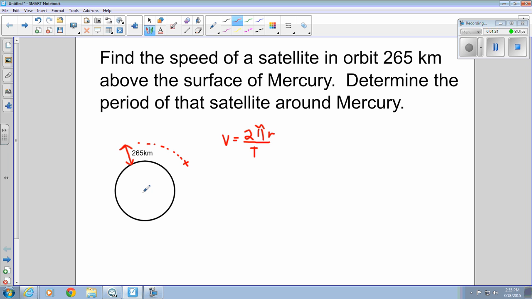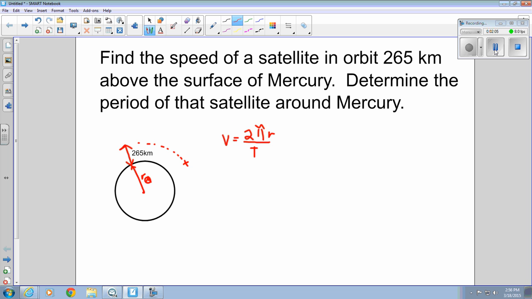We have the radius because we'll be able to find from a chart what the radius of Mercury is. But we still don't know the period. We don't know if the satellite is synchronous to Mercury, and we'd have to look up the spin of Mercury. We don't know that information, but we can derive an equation for the velocity of any satellite.